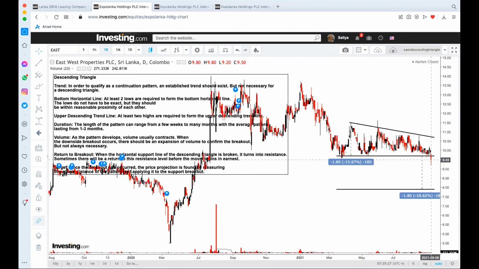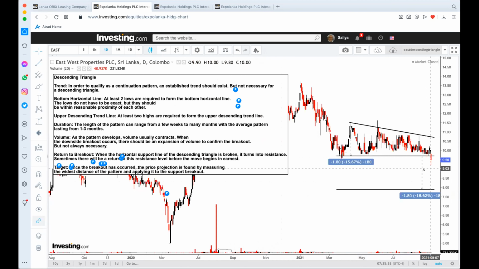There is a chance that the stock can come down to 790 if this formation here, today's formation, where you can see that it opened at 9 rupees and 80 cents, came down to 920, and then closed at 950, right? So this is also known as a hammer, a candle called hammer.